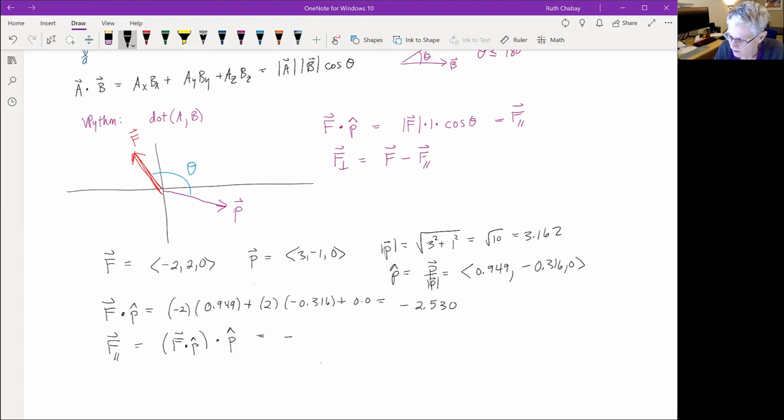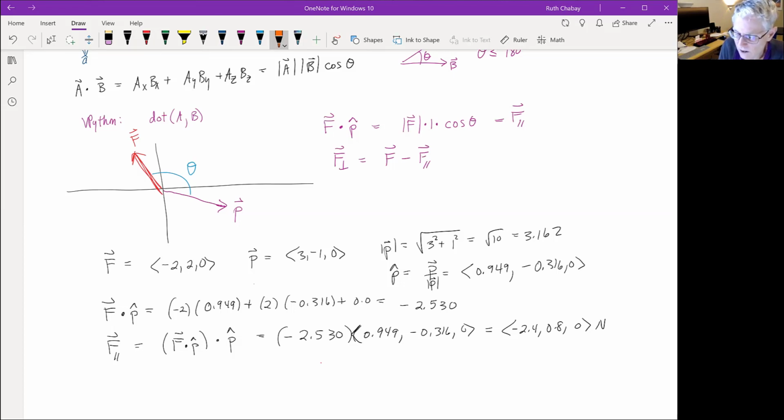So it's -2.530 times our unit vector 0.949, -0.316, which is equal to -2.4, 0.80 newtons. So that's F parallel, and we could draw it here on our diagram.